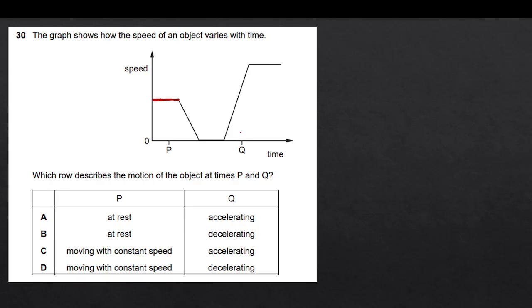Let's look at time Q. At time Q, the speed of the object is increasing, which means the object is accelerating. The correct option which we have to select is option C, which says at time P, the object is moving with a constant speed, and at time Q, the object is accelerating.